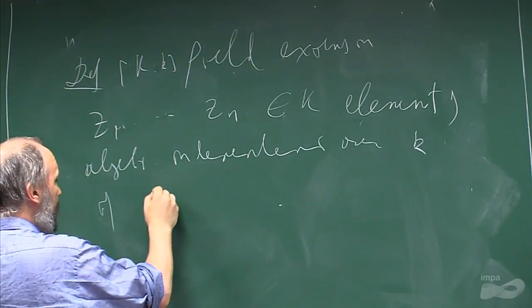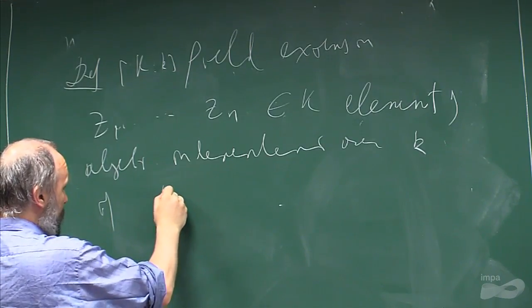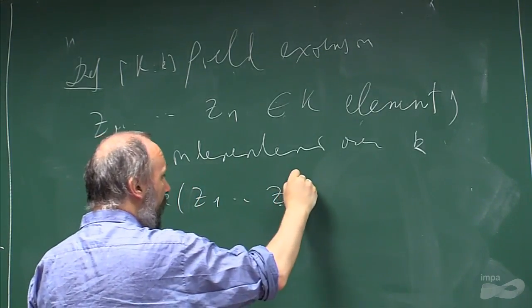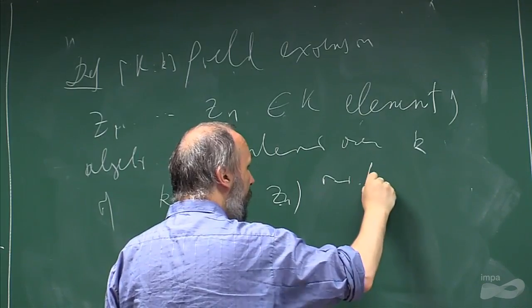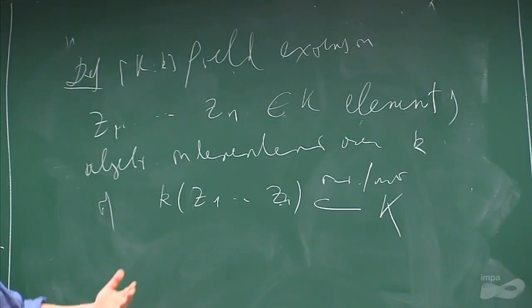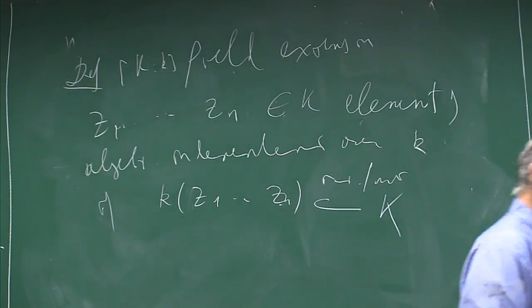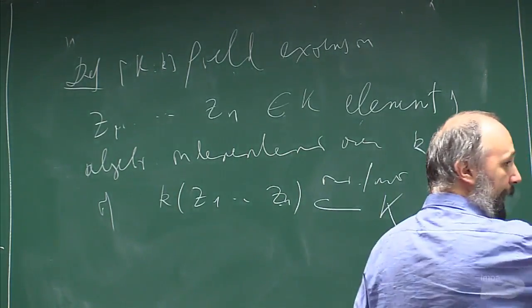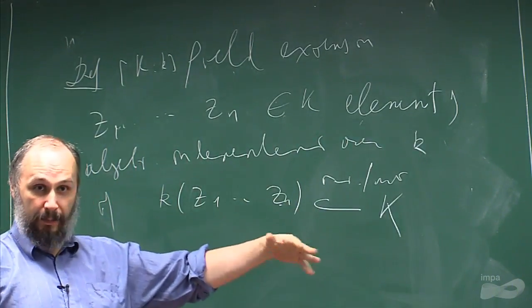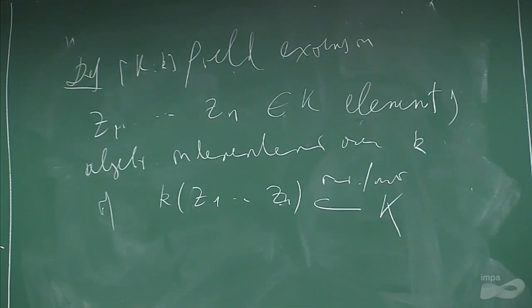In other words, you have an embedding of rational functions. So you have k small of z1 dot zn rational functions embedded to k big. This means that you have no polynomials which vanish on these z. Then you have, like we had there, an injective map from polynomials to k big, and this gives you a map from the corresponding fraction fields, which are rational functions.